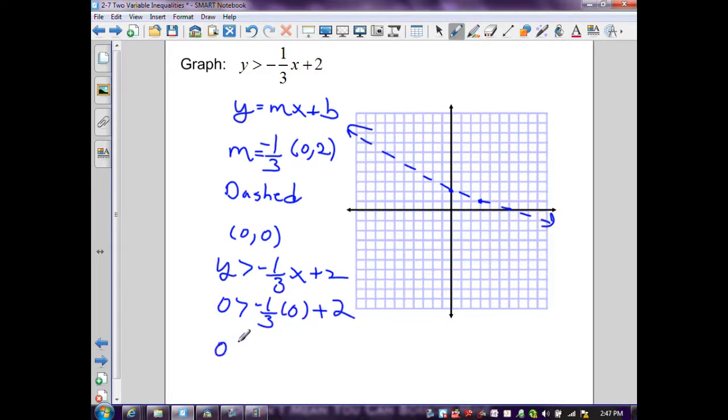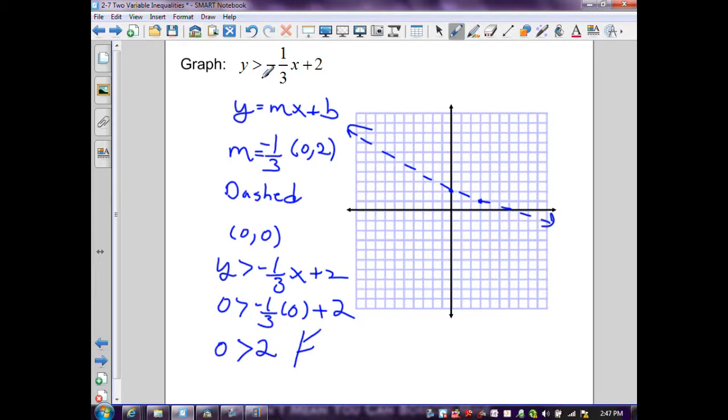Simplifying, I get 0 is greater than negative 1/3 times 0, which is 0, plus 2 leaves me 2. 0 is greater than 2. That is false. Therefore, all points below the line are not in the solution set of that inequality.